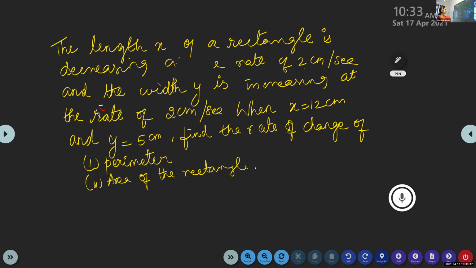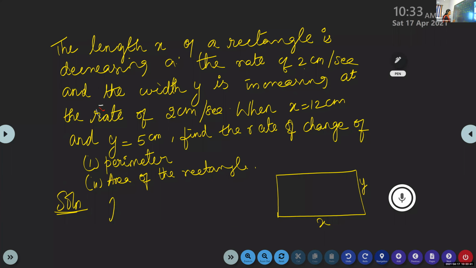So read the question. The length x of a rectangle is decreasing at the rate of 2 centimeter per second. So for a rectangle, the length is given as x, breadth is given as y. Let us denote all those things.